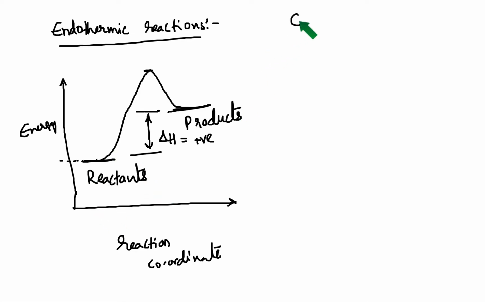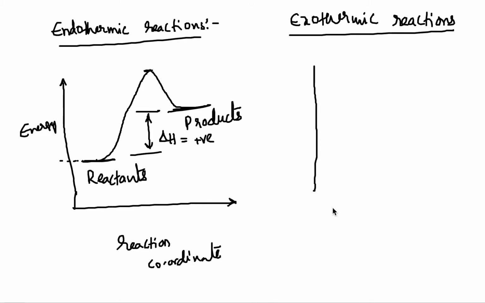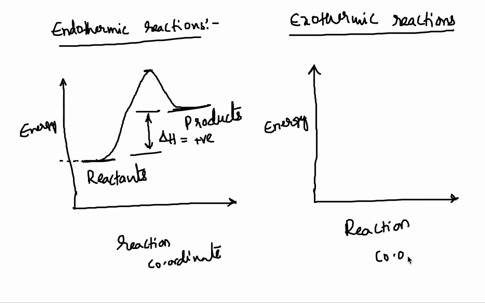What happens for exothermic reactions? In exothermic reactions, we have the enthalpy of the products less than the enthalpy of reactants. This is the reaction coordinate. So the reactants have greater enthalpy or internal energy.